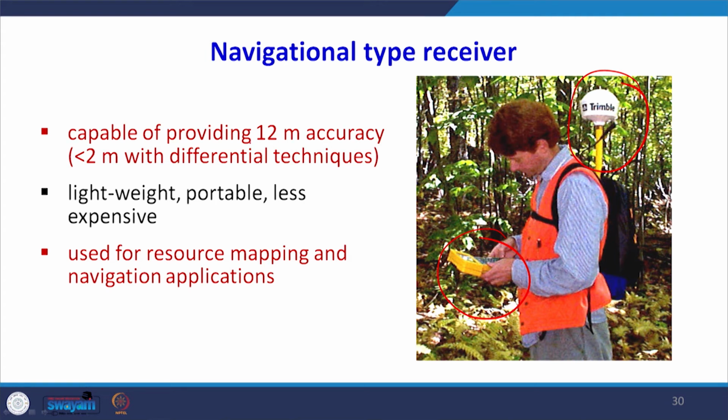Actually, you can get up to 12-meter accuracy from this data. They are lightweight, portable, and less expensive compared to the geodetic type of receiver. So, they are mostly used for resource mapping and navigational applications.